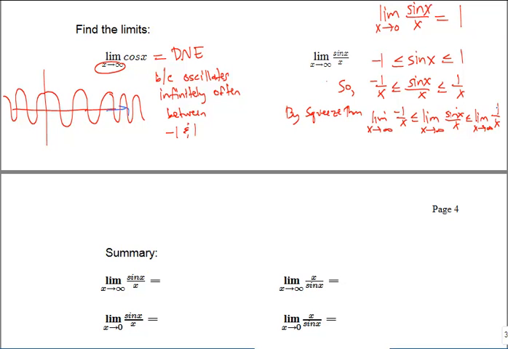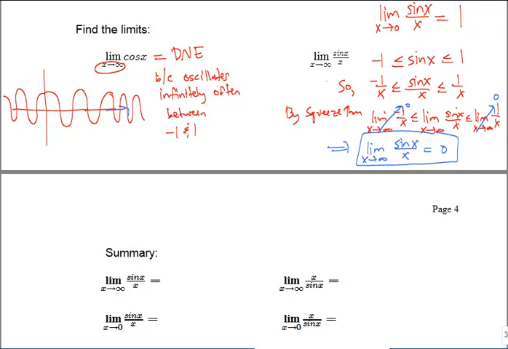Well, that's going to be 1 over something big, which means it goes to 0, it gets small. And -1 over something big also gets small and goes to 0. So each of these two ends goes to 0, which forces the middle limit to also go to 0 as well. So we've just proven that this limit, as x goes to infinity, of sine x over x is 0.